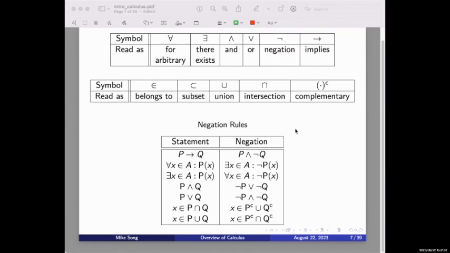And the last table is about negation rules for the above symbols, which is very important to prove things in calculus by contradiction. And that's all you need to know about mathematical logic to learn calculus. And I strongly suggest no further step into mathematical logic without guidance.